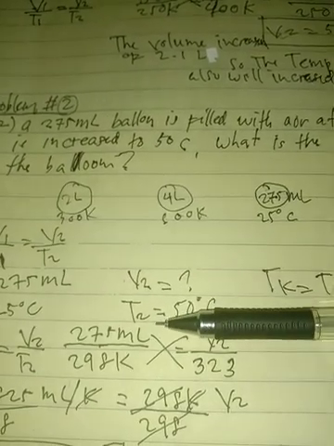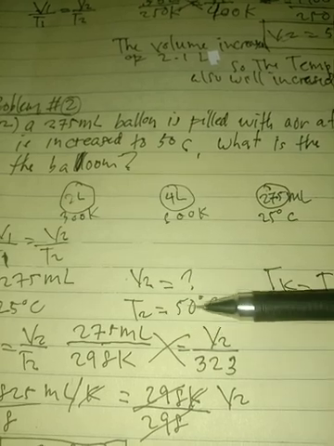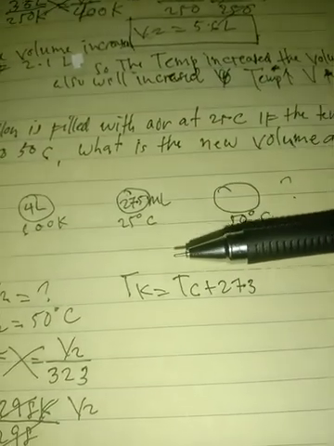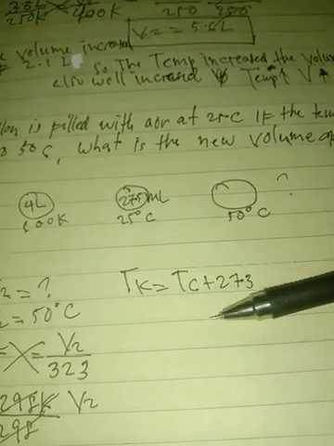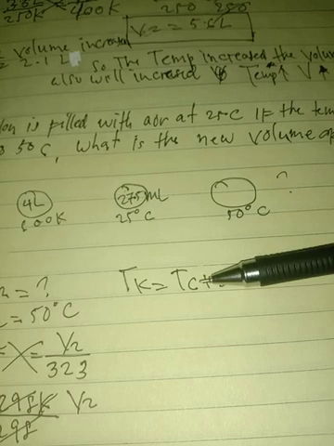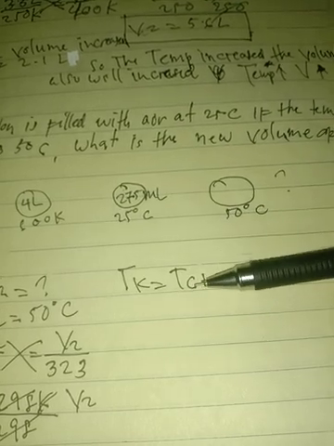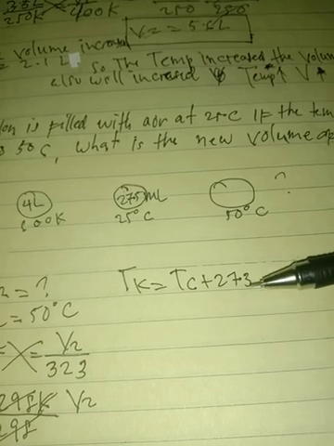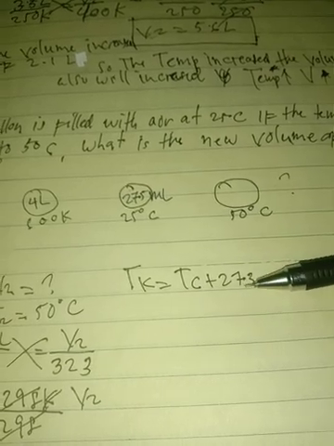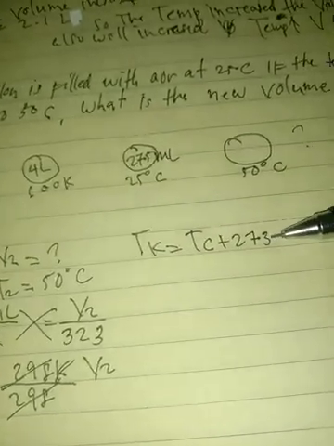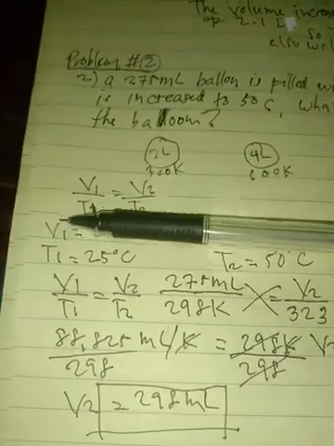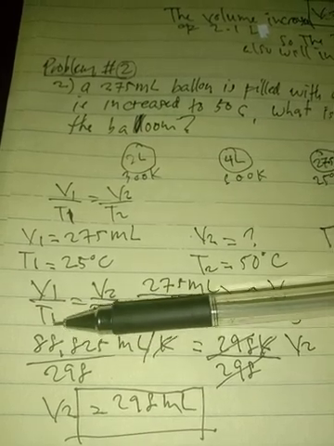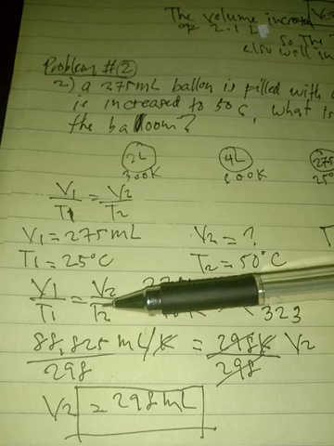So now the value of T2 is 50 Celsius, and our Kelvin temperature is equal to temperature in Celsius plus 273, the Kelvin absolute temperature.